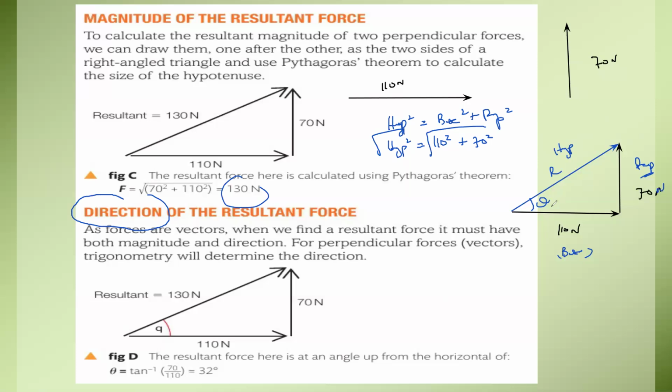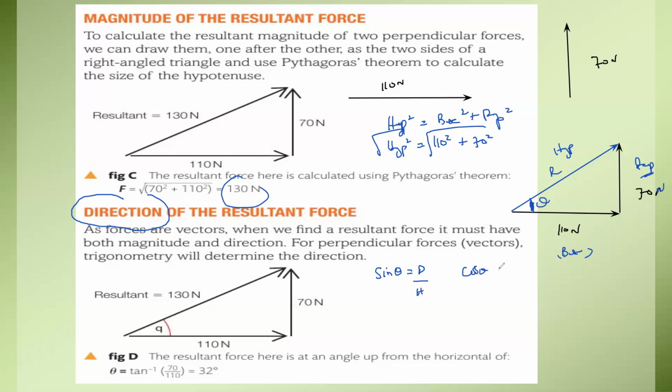So if I need the direction from the 110 newtons or horizontal, we can use the trigonometric ratios. We have sine theta, which is perpendicular over hypotenuse.